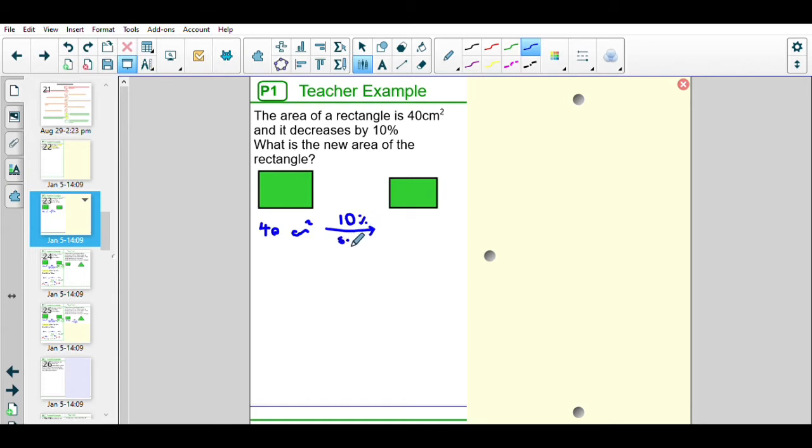Now we want to know what is the new area of the second rectangle. This is going to be the same as our fluency question if I translate it by saying decrease 40 by 10%.